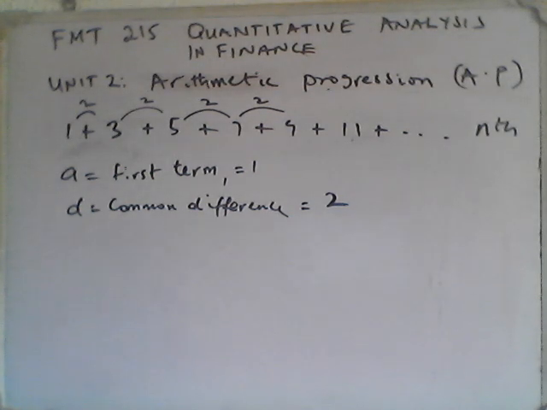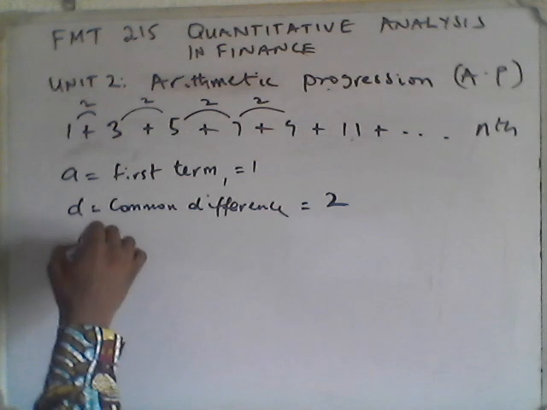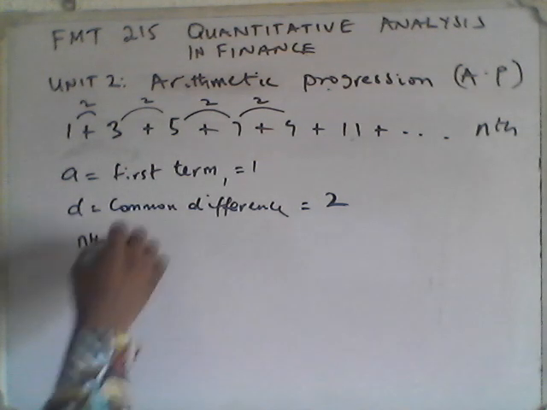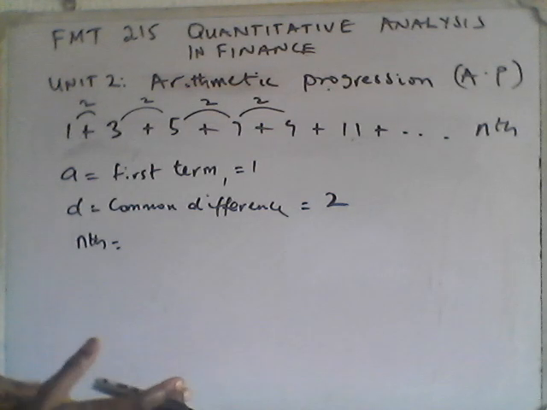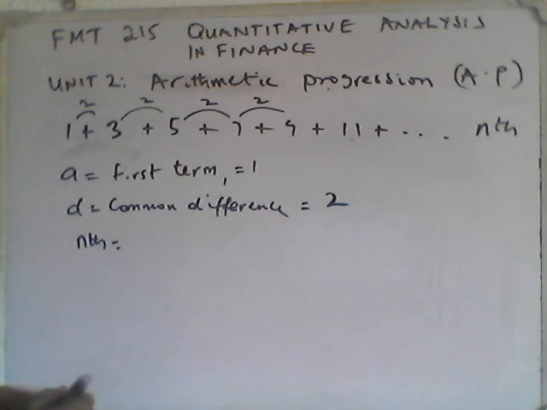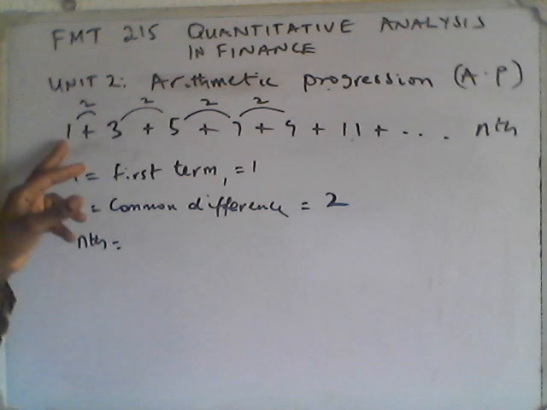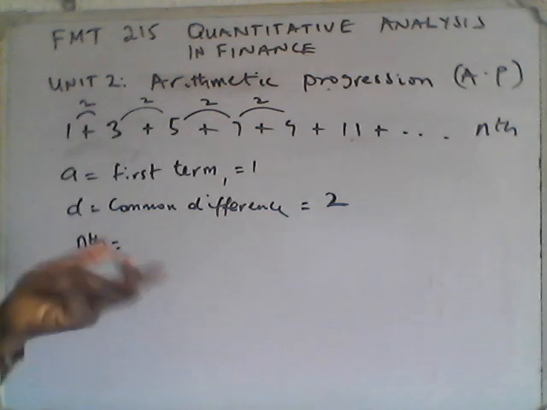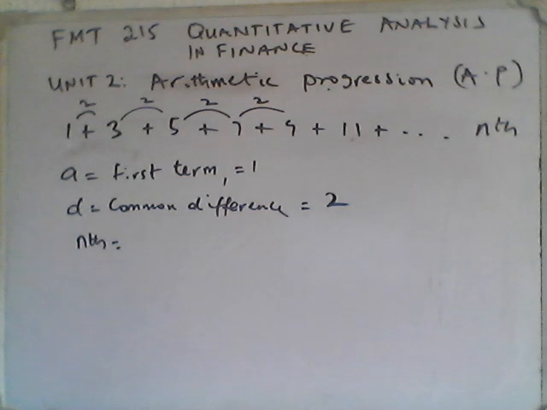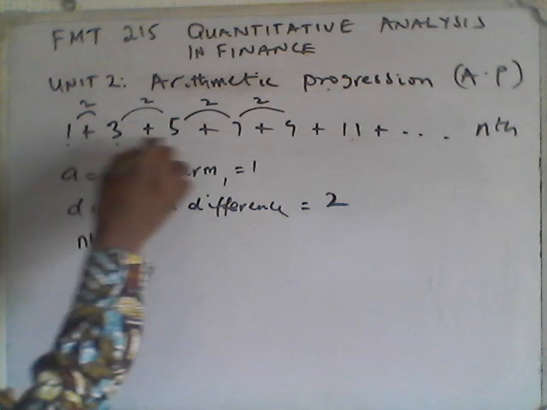And the nth term is the particular term that contains a value. If I look at it now, this is the first term, followed by the second term, the third term, the fourth term. The term is different from the value that it contains. We saw in Unit 1 that if I say locate the fifth term, I count 1, 2, 3, 4, 5.